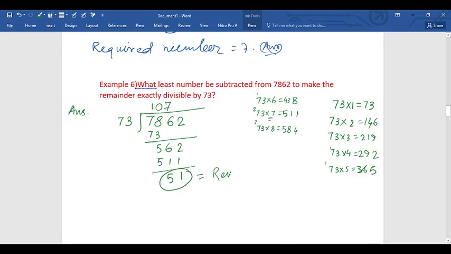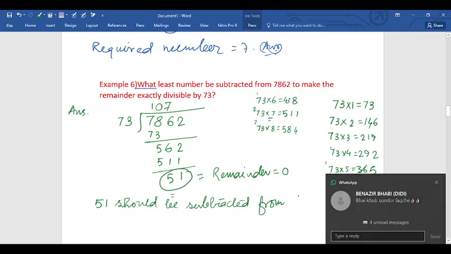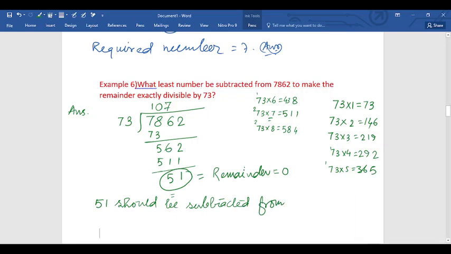Actually this is the remainder. If we remove 51 from this side, then the remainder will be 0. So how much should be subtracted from 7862? That is 51 should be subtracted from 7862 to be exactly divisible by 73. Exactly divisible means that the remainder should be 0.